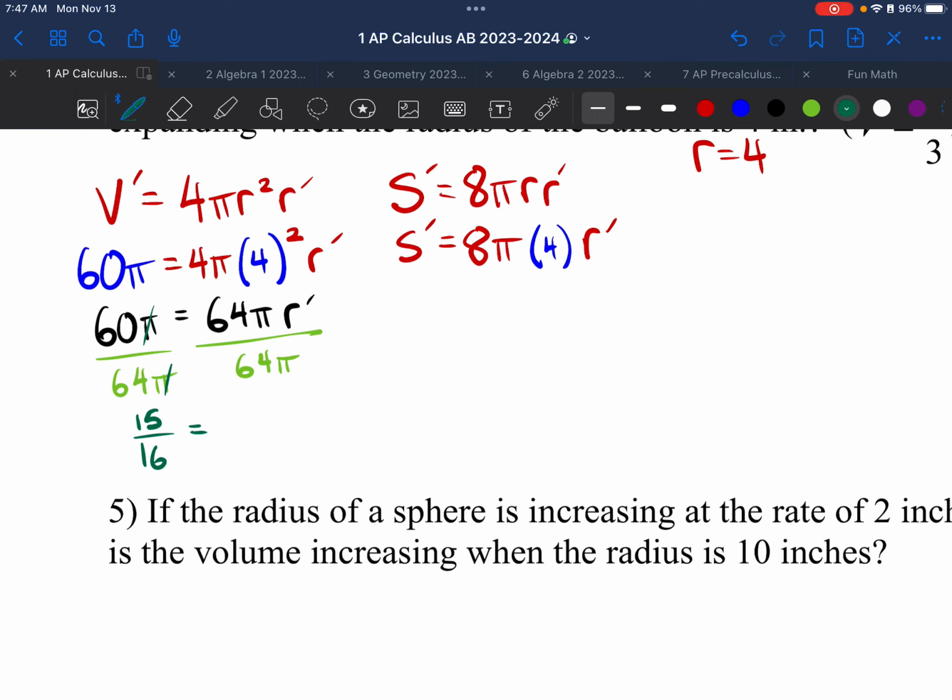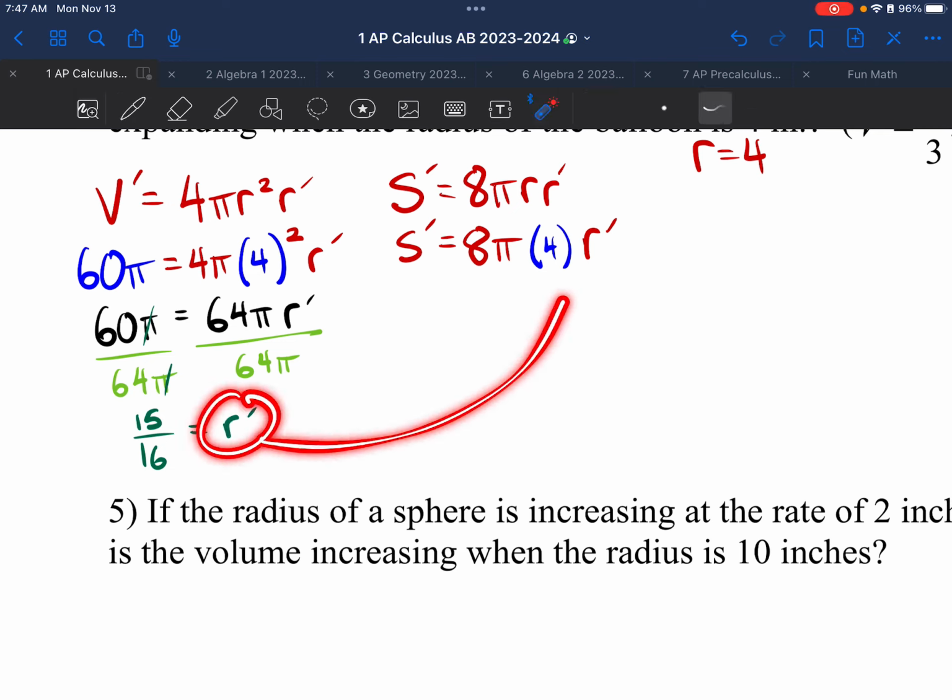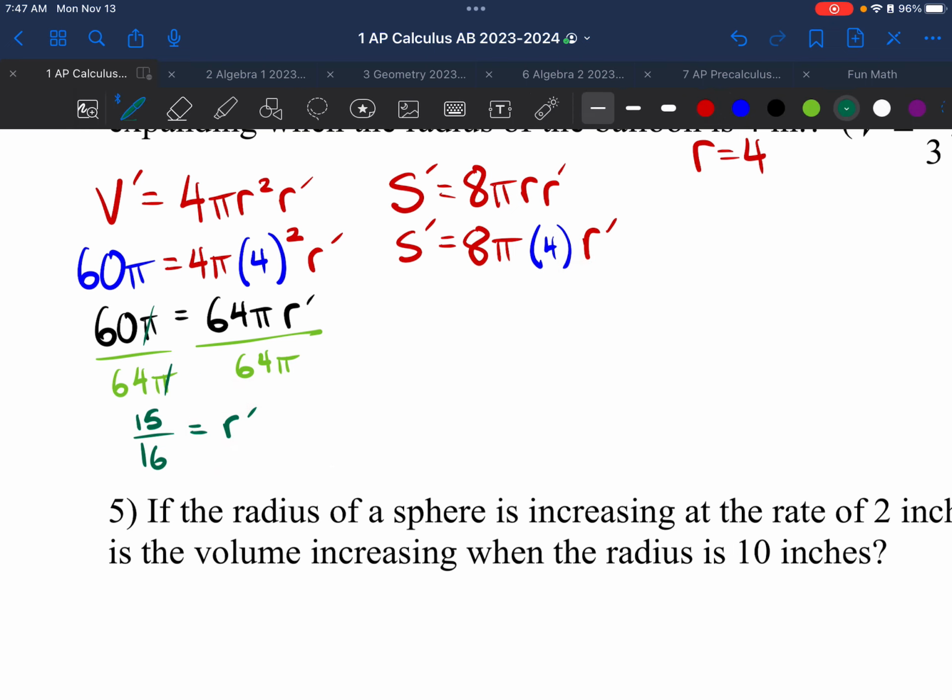This is all going to be equal to just our r prime. And I can come back and plug this r prime into this r prime, right? So we can say now we have S prime is equal to 8 pi times still that 4, now times this fraction of 15/16.